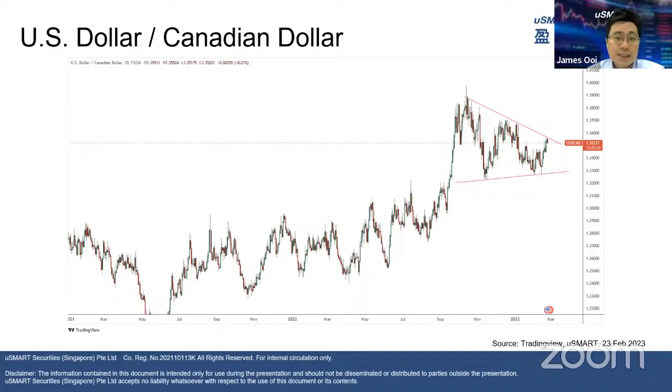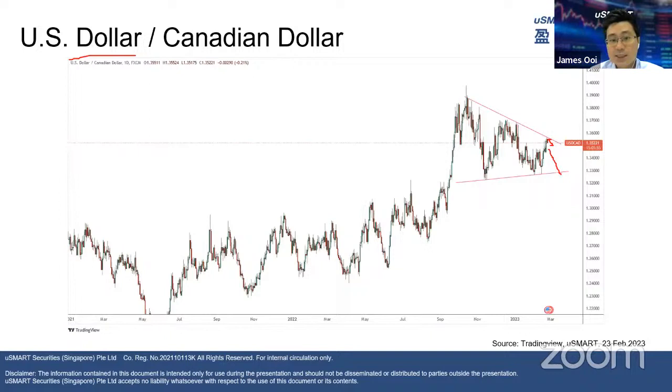Next, there is an opportunity on the US dollar, Canadian dollar currency pair as well. So basically it's forming a wedge pattern, or you may call it a triangle pattern, waiting to break above the upper line or waiting to break below the lower line.